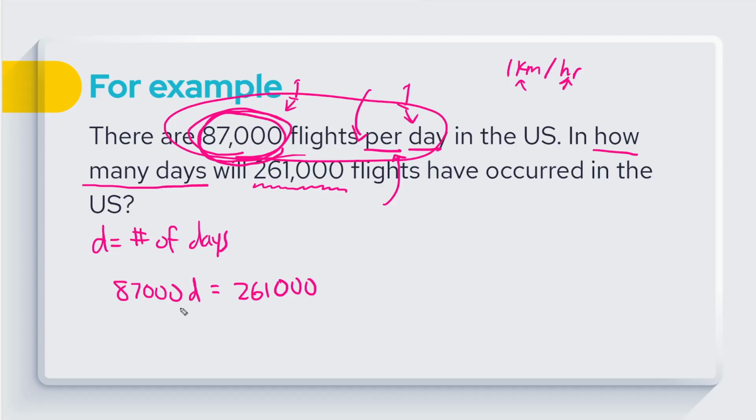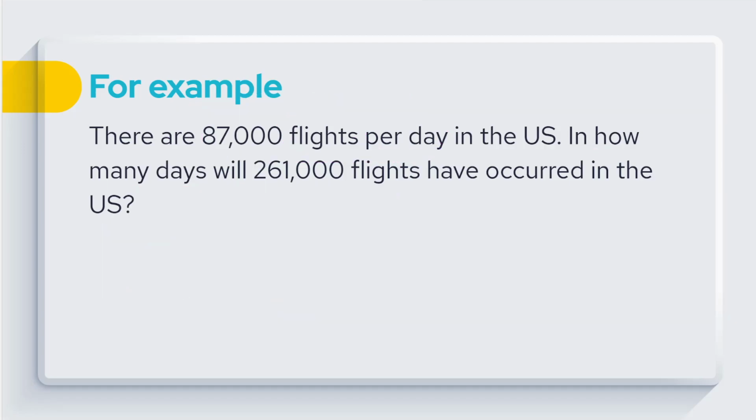Then we just solve for this equation, right? Divide both sides by 87,000, and you get D equals 3. D equals 3. In 3 days, there's going to be 261,000 flights, according to the situation. Okay.